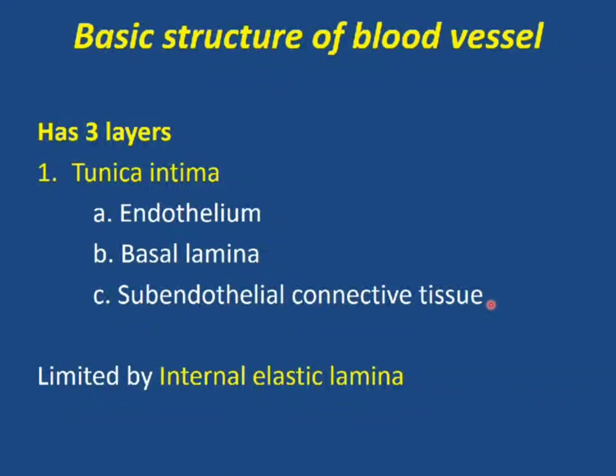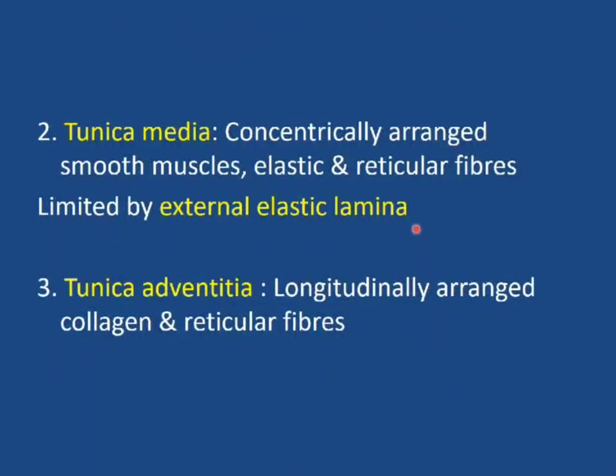The tunica intima is limited outside by the internal elastic lamina, which is made up of elastic fibers, and the lamina is fenestrated. The second layer is the tunica media, which contains concentrically arranged smooth muscle fibers, elastic and reticular fibers.